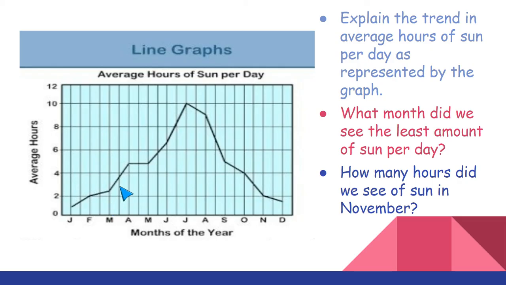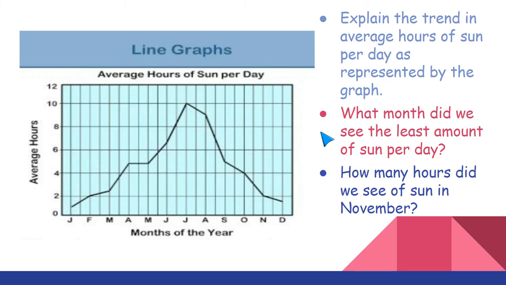As the months move on, the number of hours of sun per day increase. They peak in the summer, and then they begin to decline in the fall. And when we're back to winter, we are at our least number of hours of sun per day. So that would be the overall trend.